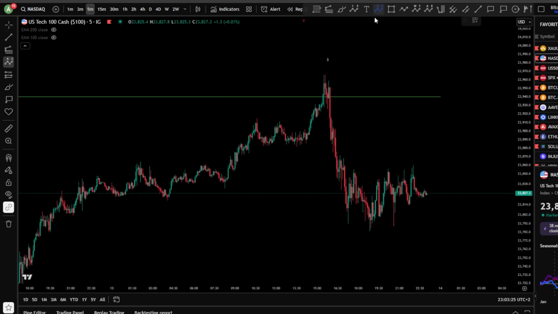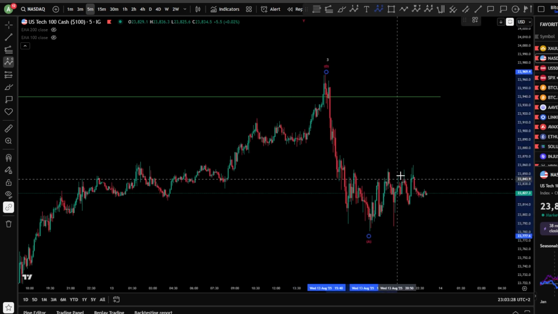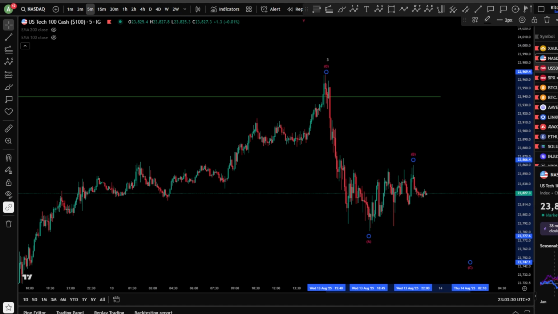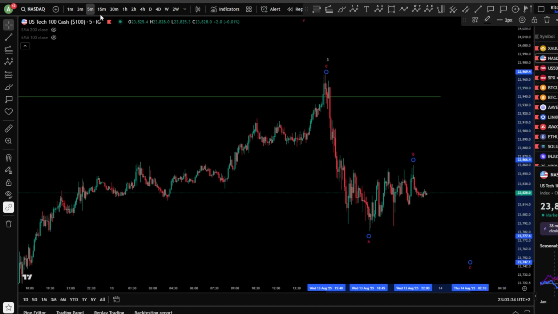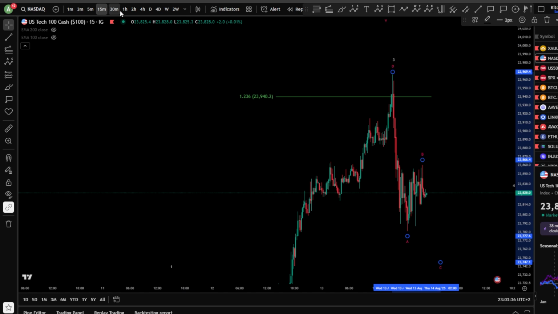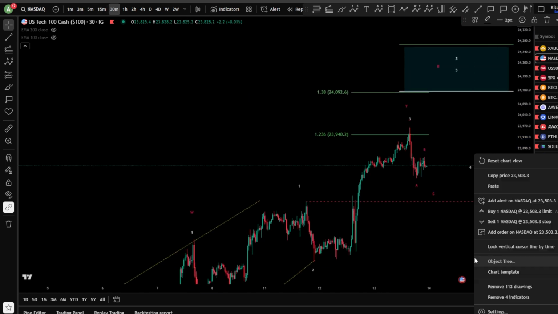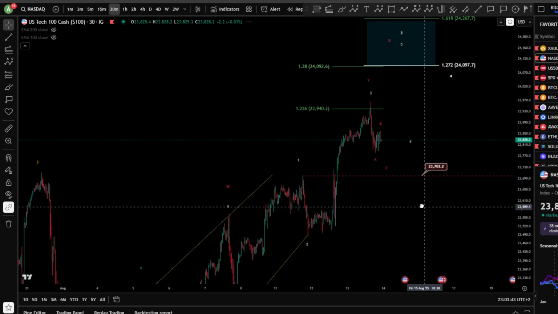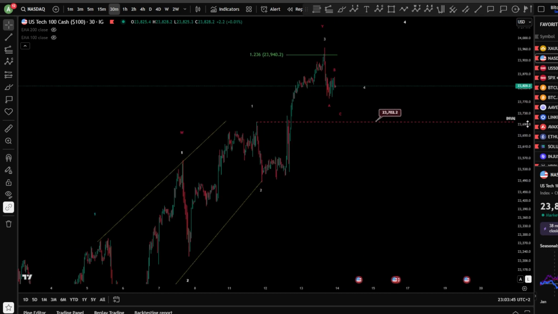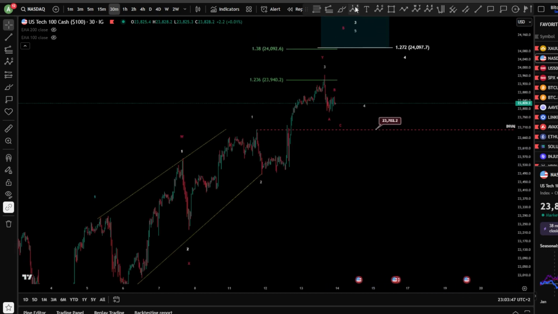Therefore we have to consider at least this might be an A, B and a C, as we mentioned in the previous video. If we dive deeper here with the price action and we hit this potential scenario, 23K700, well, it's not nice to see. So we have to be careful with it, guys.